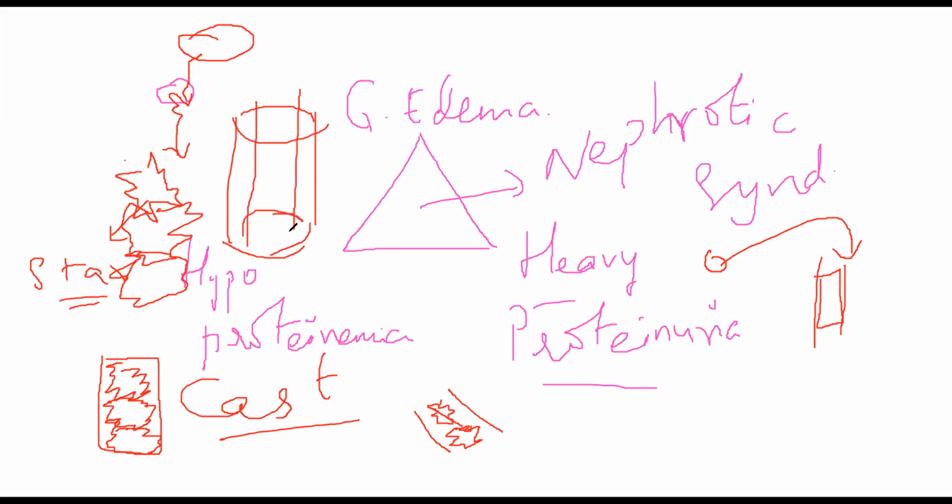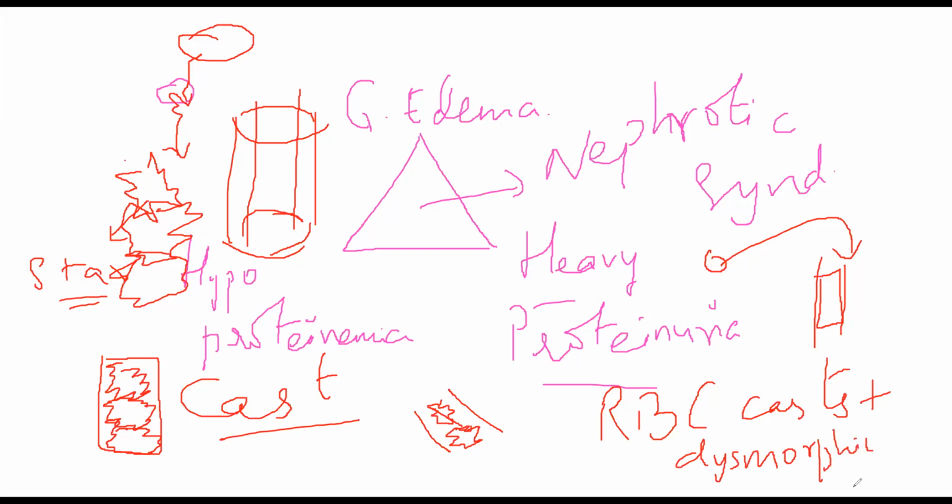Now you will see RBC casts, because they are getting compressed and taking the shape of the tubule. That is one sign. So you start seeing RBC casts, plus you start seeing star-shaped RBCs, called dysmorphic RBCs. They are losing their shape. That is why dysmorphic.